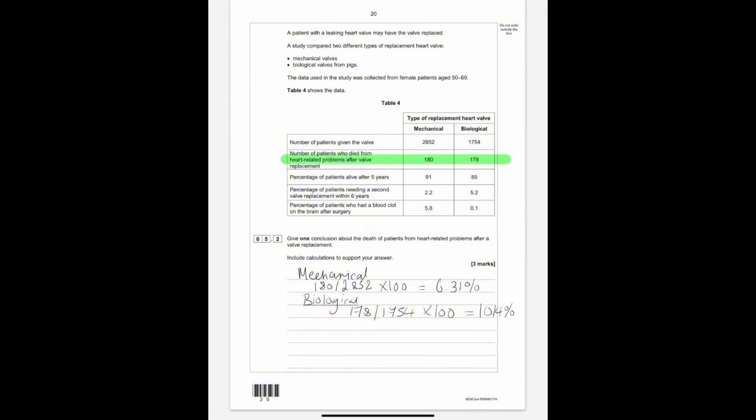Okay, so in conclusion, we can say that the third mark is, write down, there's a higher proportion of patients that die with a biological valve. Okay, so therefore, let me write that down.